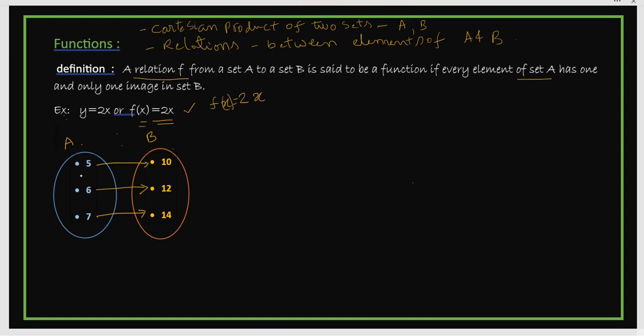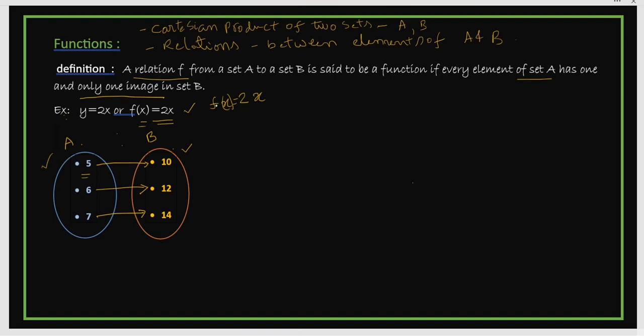The first important thing is that it should be a non-empty set. This is a non-empty set, and this is also a non-empty set. Each element of set A should have only one image in set B. Every element has only one image.